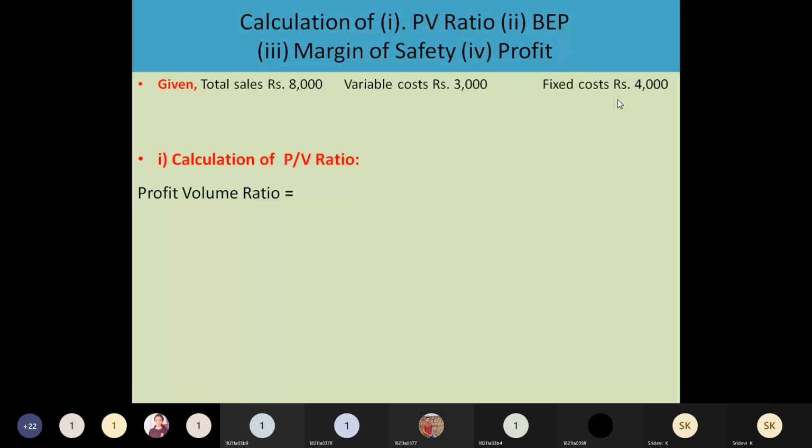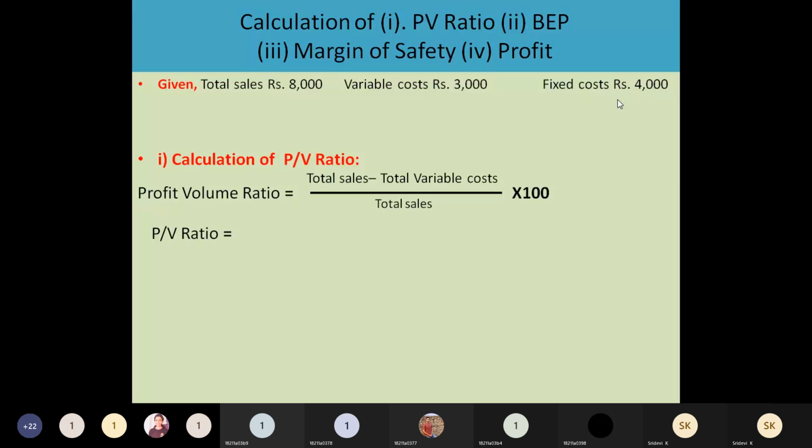So what is the formula that you are going to take to calculate this profit volume ratio? Total sales minus total variable cost divided by total sales into 100. So that you are going to take here. Per unit values are not there now. You are going to take all totals.